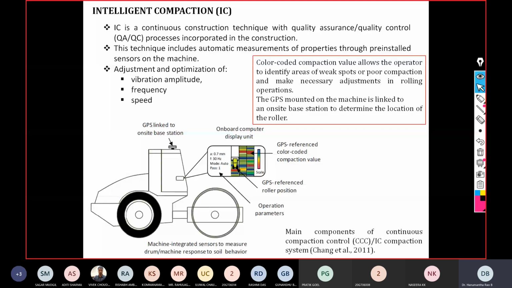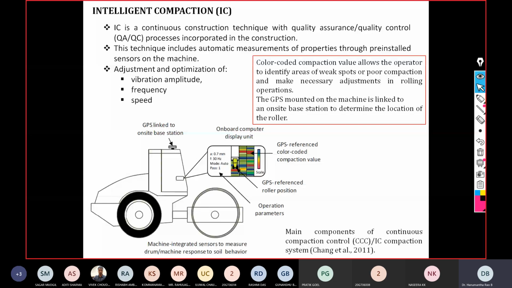As and when you identify spots, compact again then and there only. It often requires tests for calibration of the target compaction values prior to production compaction. But of course, calibration is also required in the case of conventional compaction.